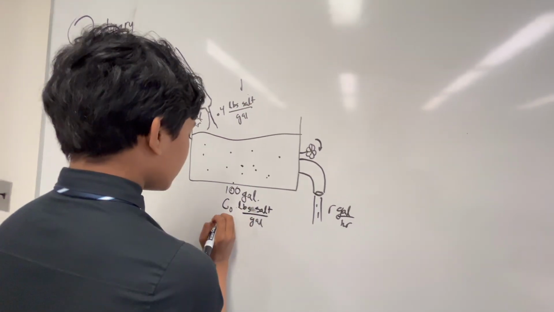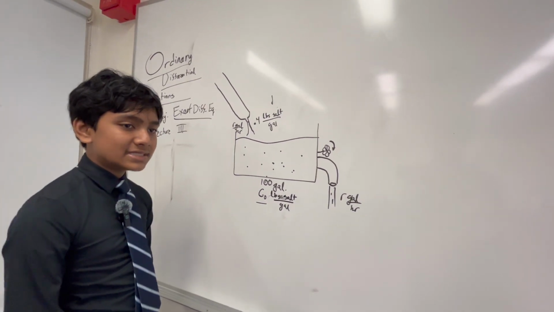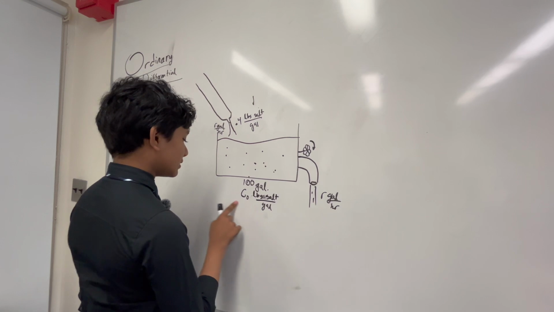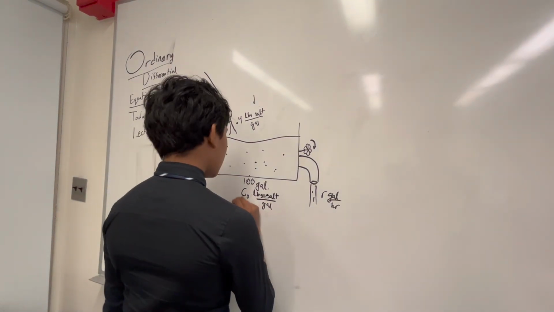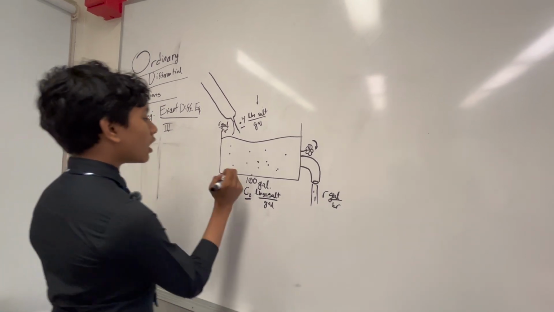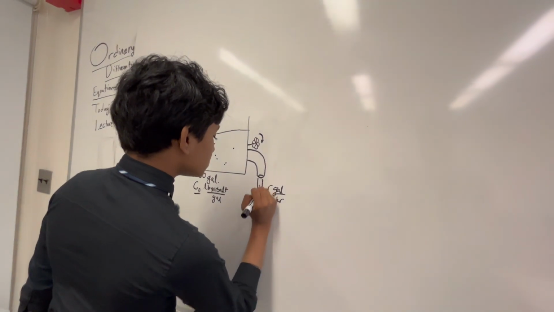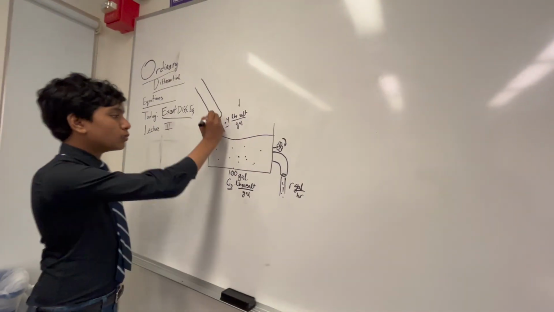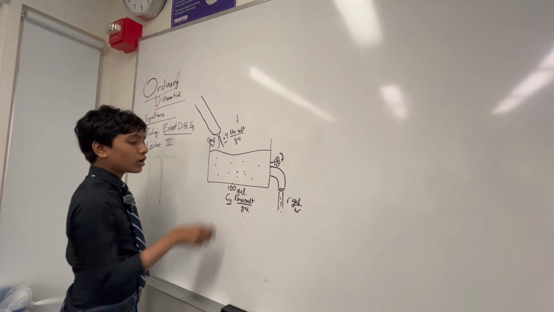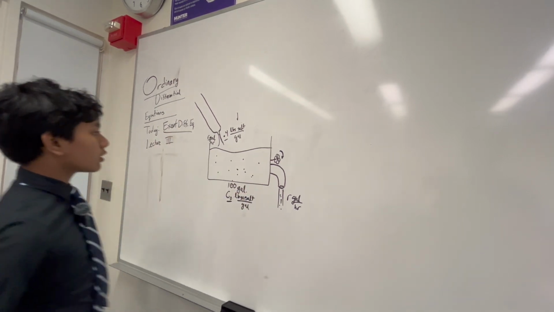Unless this is exactly 0.4, which is what we call the steady state, which we're not going to talk about right now because it's just a straight line, not very interesting. Unless it is the same as 0.4, the concentration will change, because if this is more salty, less salty water is flowing out and more salty water is flowing in, and vice versa in the case that this has a higher concentration.